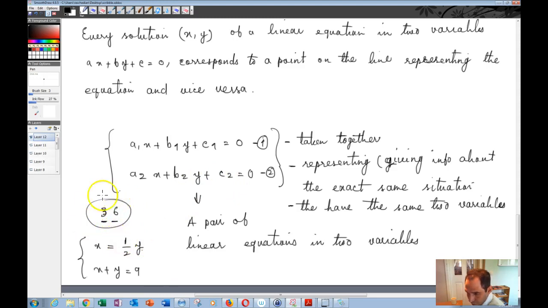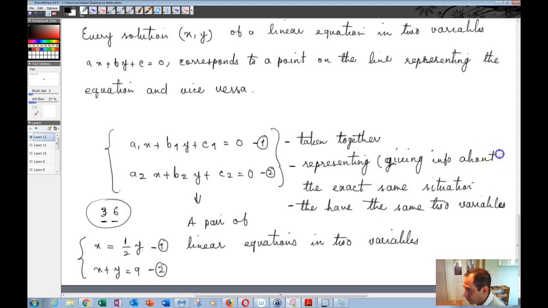This is the situation that we had. We were trying to figure out what this number was. These two equations are giving us information about the exact same situation, meaning that it's not like equation number 1 is giving me information about this number and equation number 2 is giving me information about some other number. Both are about the same number.